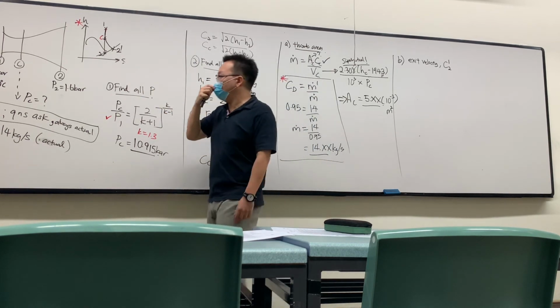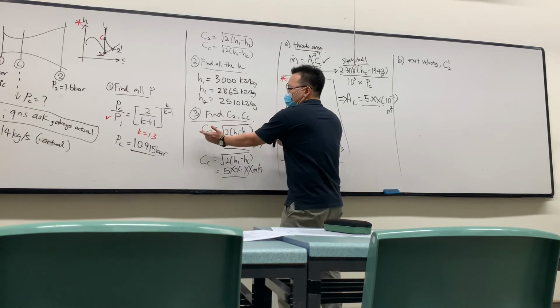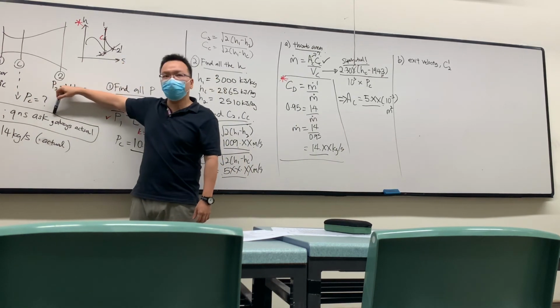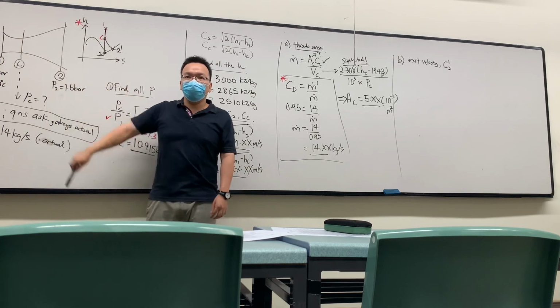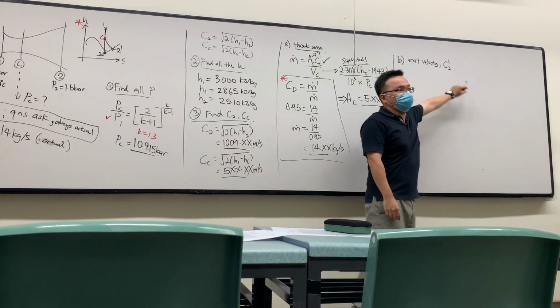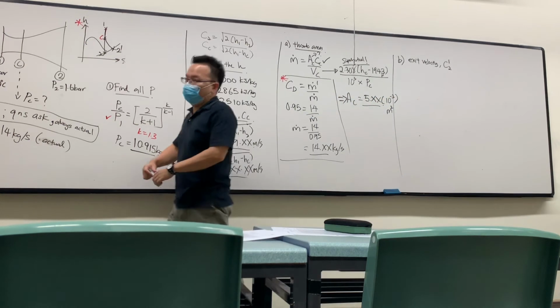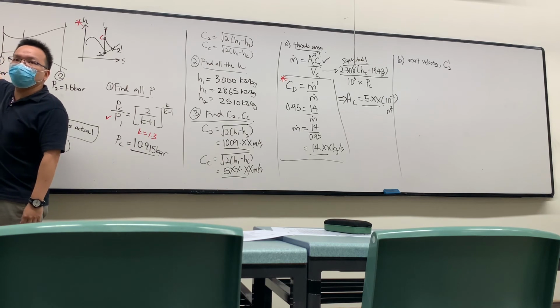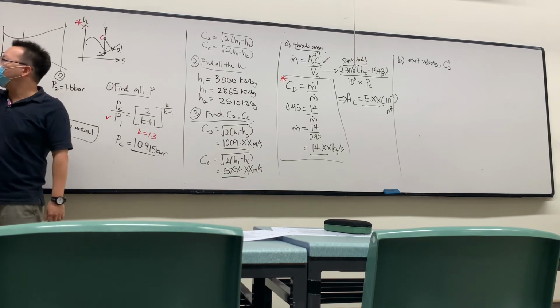I repeat one more time. What you have found here is your ideal one. Question B asks for exit velocity, they want the actual one, which is C2 prime. So how do you go about finding C2 prime? Look here.